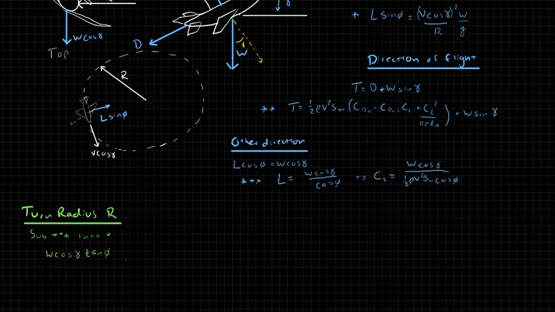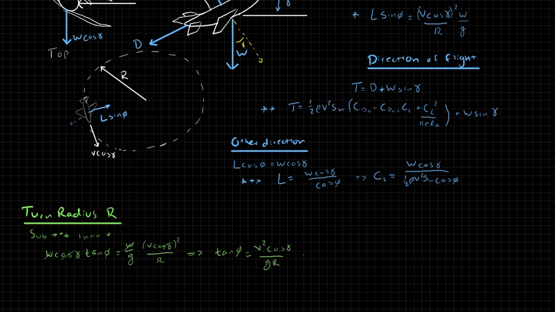So tangent of phi equals W over g times V cos gamma squared divided by R. We can see that the W's cancel, one of the cosine gammas cancels, and we can simplify this to give tangent of phi equals V squared cos gamma divided by gR.